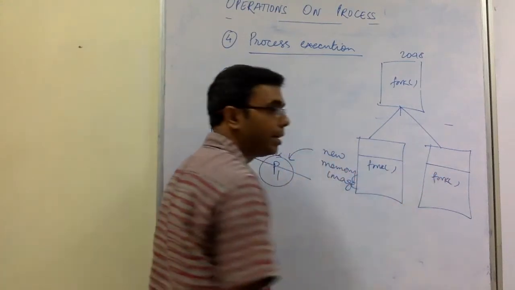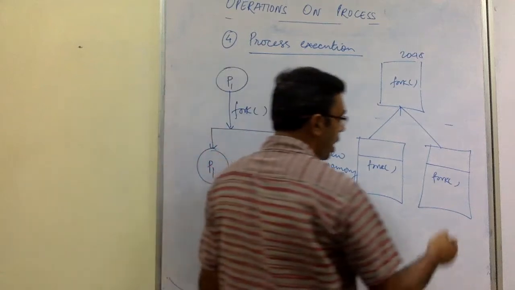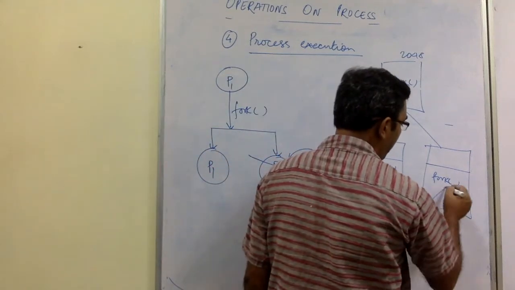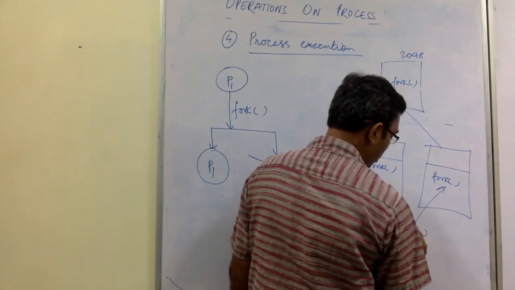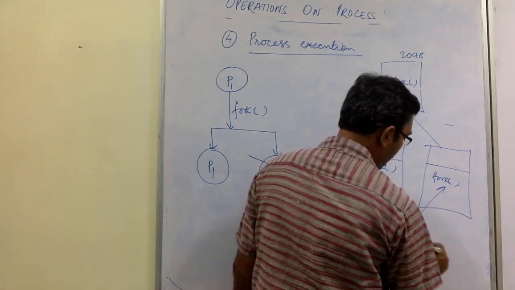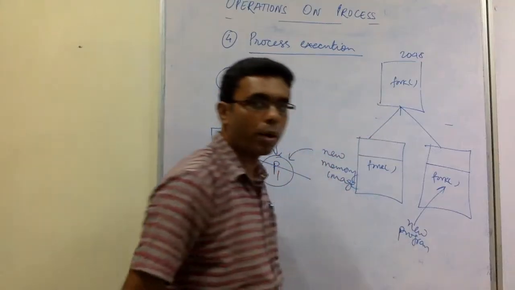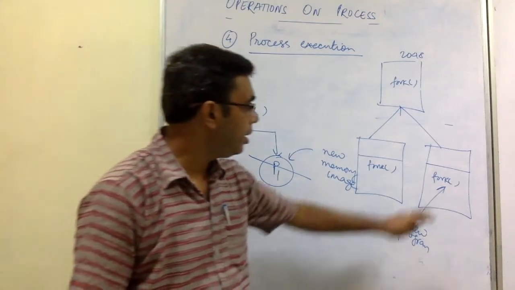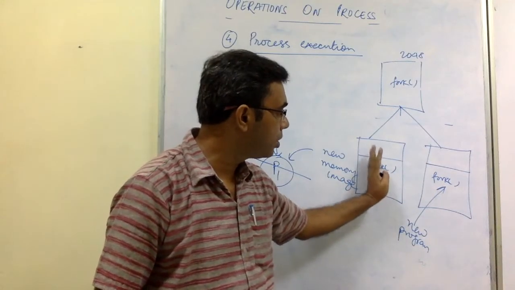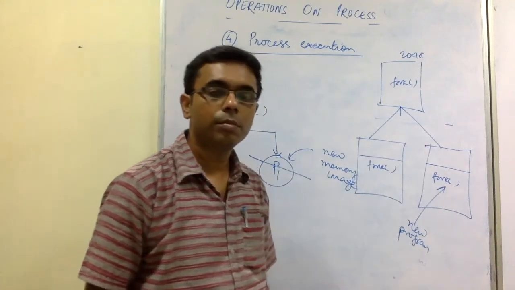Now if you somehow happen to override this code and data by a new program, so you have a new piece of code and data which will be executing, alternating between this process and this process. So that is the whole idea.